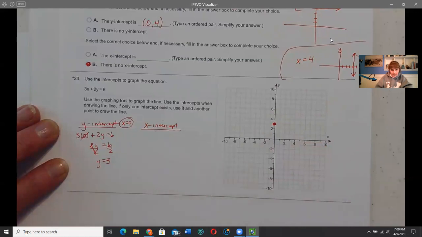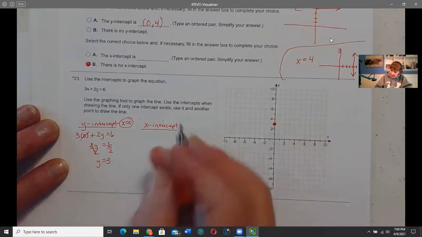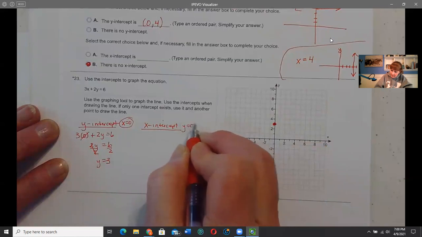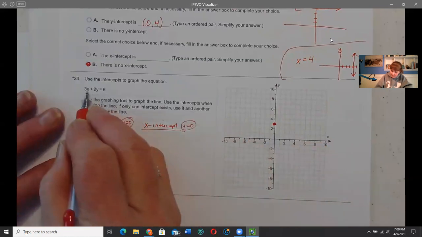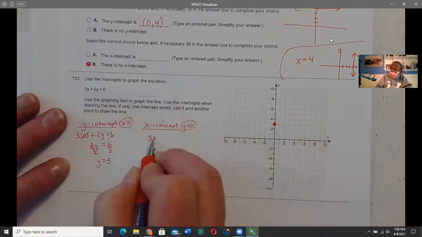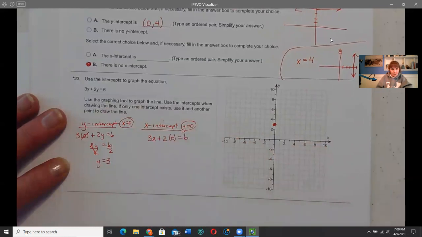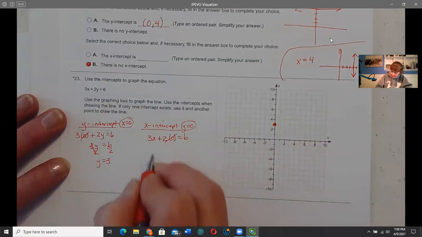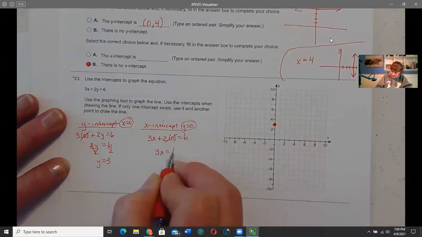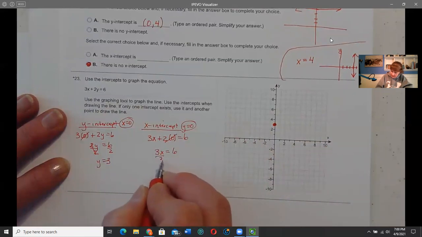Then the x-intercept. How do you find the x-intercept? You make the y 0. So we go to our equation and we solve that. That's gone. Divide by 3.